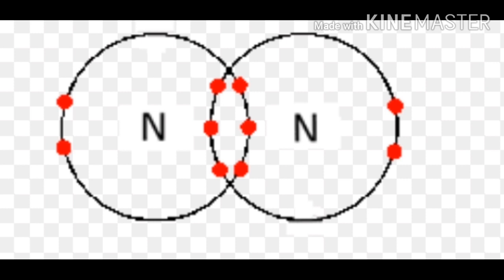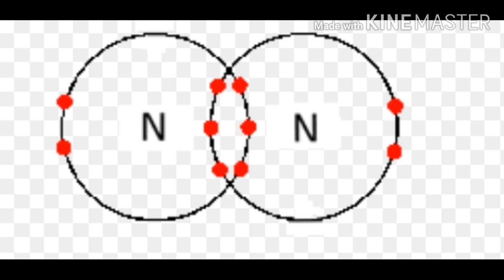Thus by sharing 3 electrons, the 3 electrons will be common to both the nitrogen atoms, and it forms a triple bond between them. It's a covalent bond. Thereby it attains the nearest inert gas configuration of 2, 8, that is neon. So nitrogen contains 2, 5.